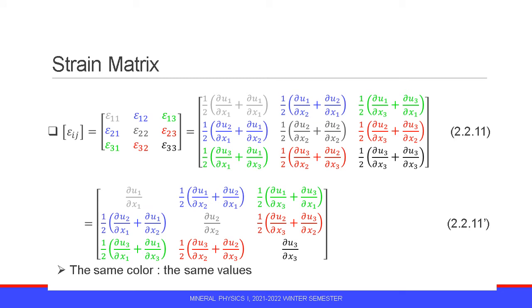The strain tensor can be expressed using a matrix. The matrix epsilon ij has components epsilon 11, epsilon 12, epsilon 13, epsilon 21, epsilon 22, epsilon 23, epsilon 31, epsilon 32, epsilon 33. And epsilon 11 is equal to 1 over 2 round u1 over round x1 plus round u1 over round x1.